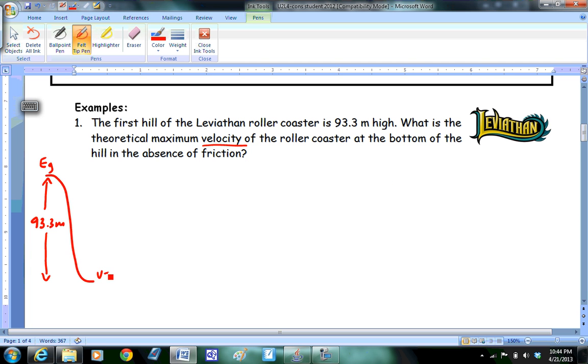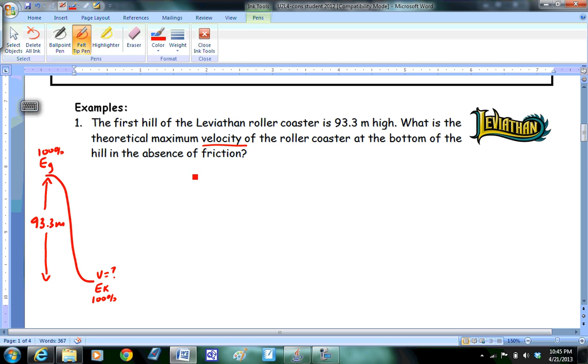So I want to know what the velocity is down here. In other words, we have to calculate the EK. At the top, we're going to have 100% EG. At the bottom, it's going to be 100% EK.